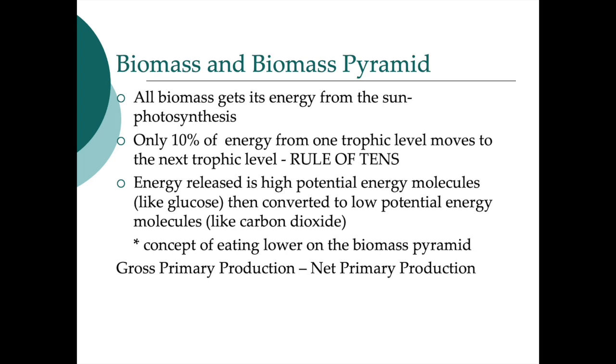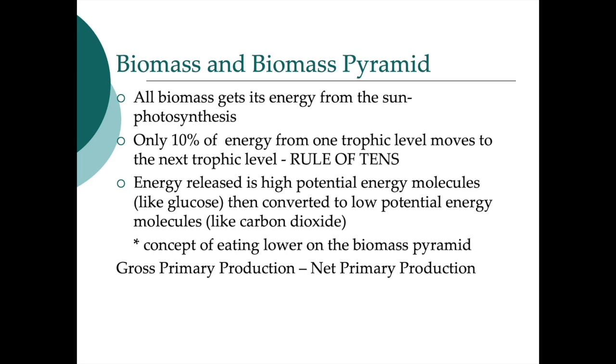If again, we're looking at the ecosystem as a whole, we need to be considering where is the biomass. The biomass is coming from the plants. The plants are all of your biomass, and the biomass gets its energy from the sun. Again, going back to the rule of tens, remember that as you move up the trophic pyramid, you are dropping a zero as you walk up that mountain with that energy that's available.